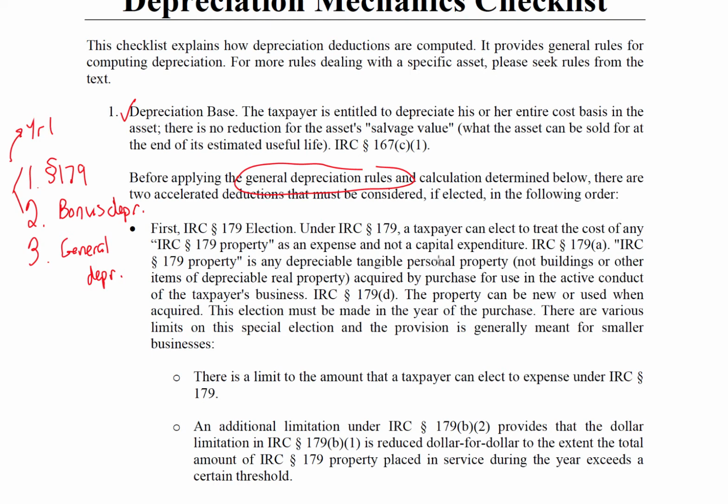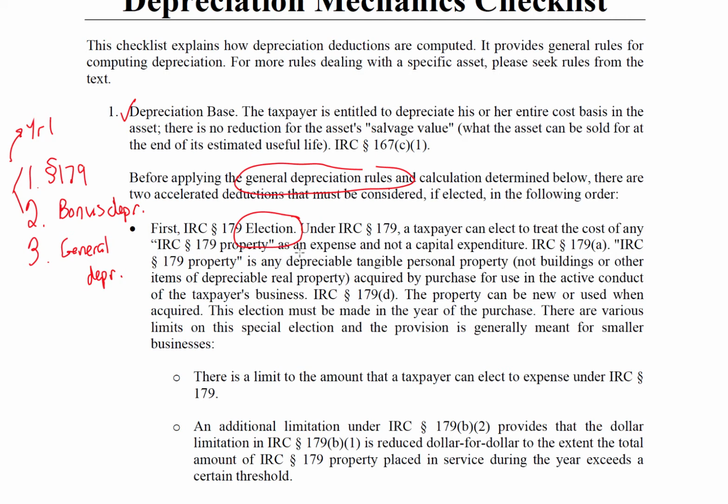Under Section 179, a taxpayer can elect to treat the cost of any Section 179 property, which we'll define in a moment, as an expense and not a capital expenditure, meaning that it can be elected. It has to be elected. You have to actually file an election on your tax return. You can't just assume it happens. You have to make the election.